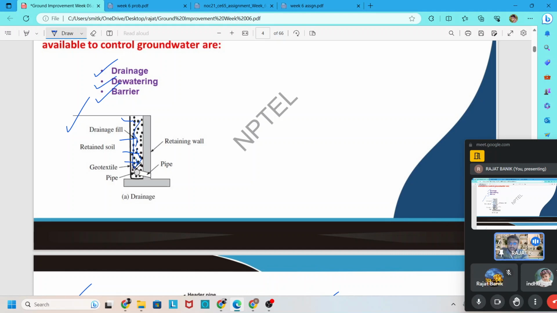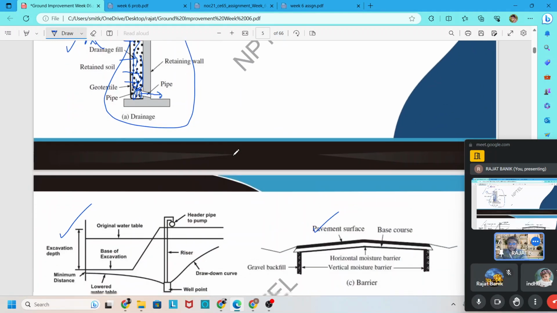All the water is collected here, and through a pipe this water is removed from the retaining wall, so no excess pressure is developed in the backfill material, and the life of the retaining wall may be increased by this arrangement. This technique is called the drainage technique.